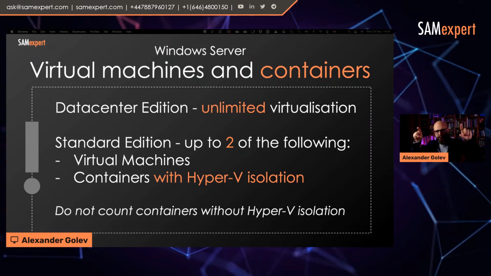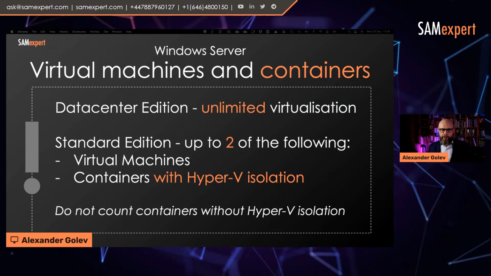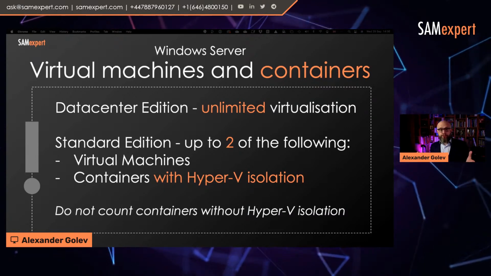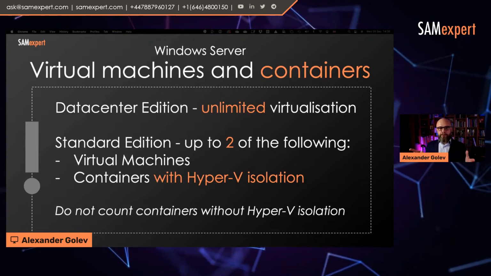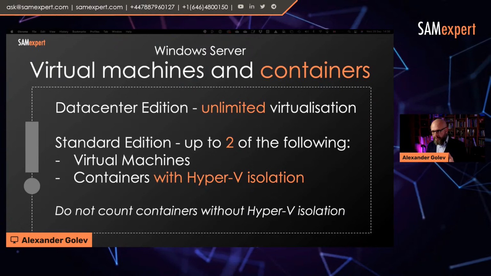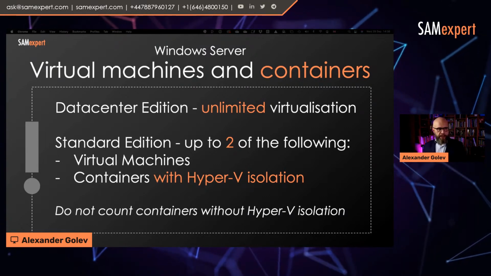Containers with Hyper-V isolation, in effect, are virtual machines as well. They're actually not true containers; they're virtual machines. These types of VMs, virtual machines and containers with Hyper-V isolation, you need to count. I have a formula as well. We'll get to that.